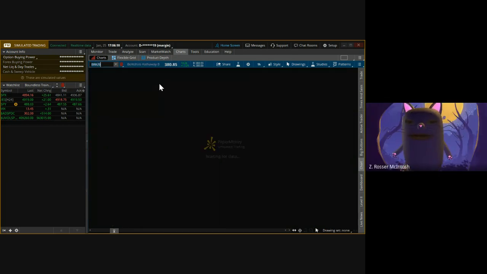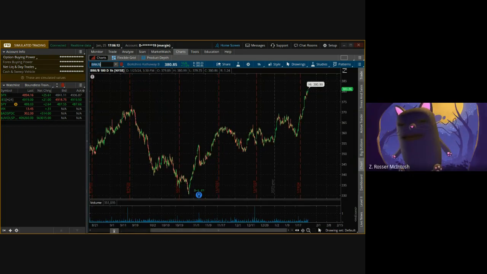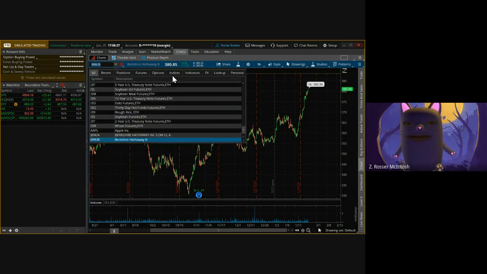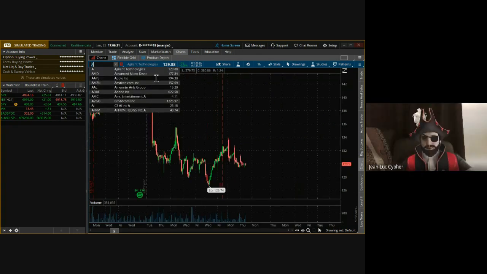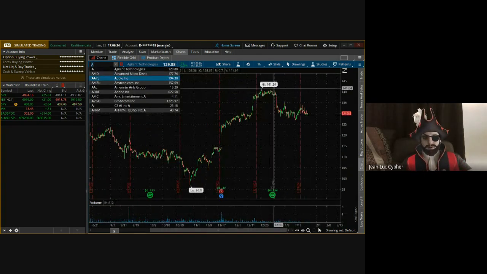The B is the real one. You can see it's the same chart, but this has been split from when it was originally IPO'd. It would be, well, what was it, 380 now. What was the B? It was 576. You mean the A? Yeah, the A. It was like 500,000 something. Oh, okay.